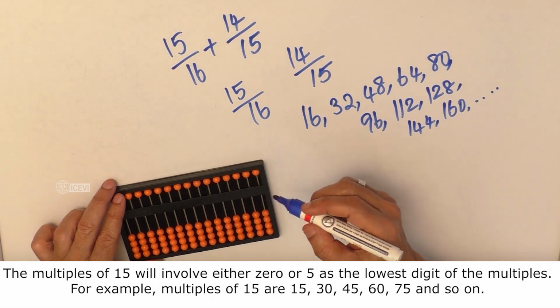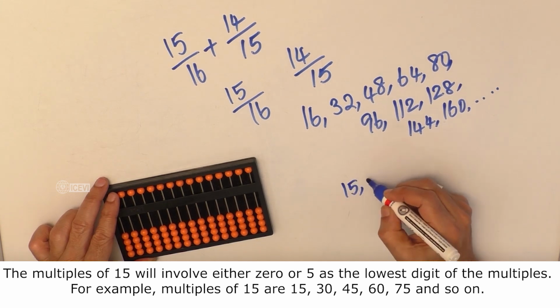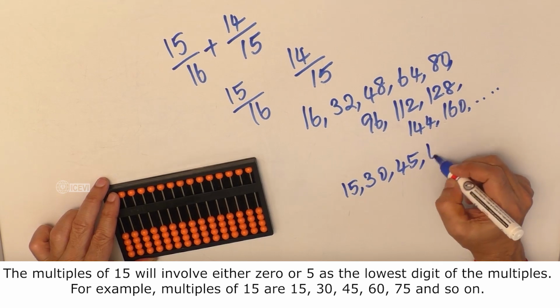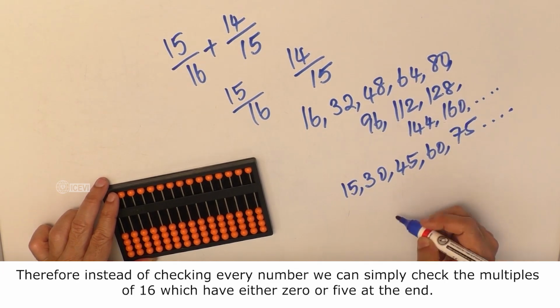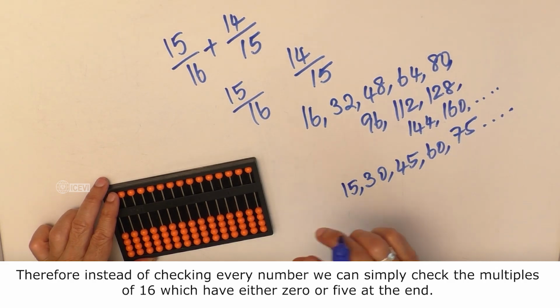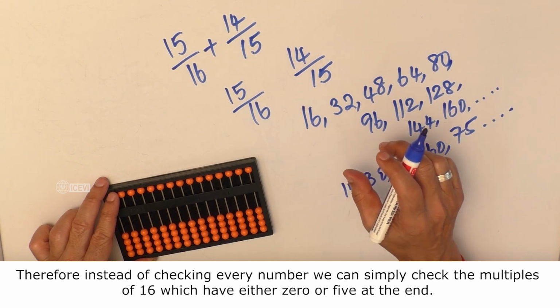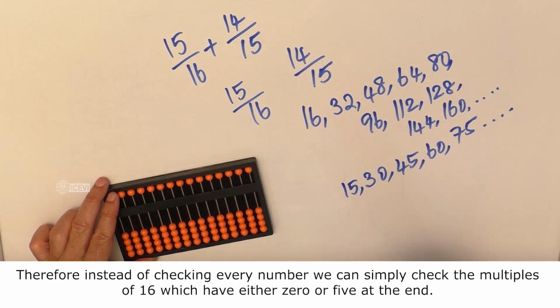For example, multiples of 15 are 15, 30, 45, 60, 75 and so on. Therefore, instead of checking every number, we can simply check the multiples of 16 which have either 0 or 5 at the end.